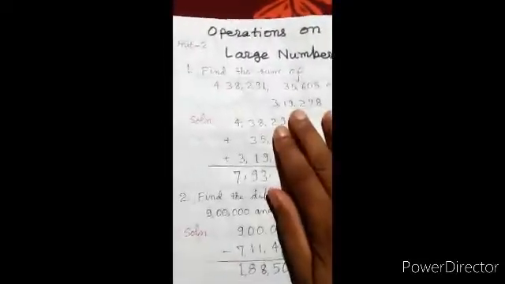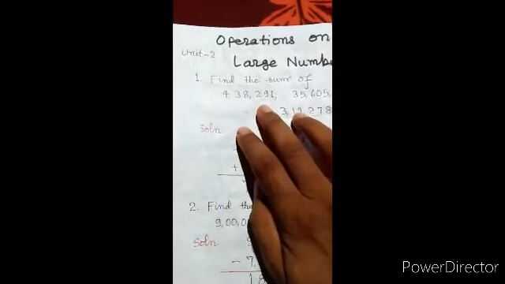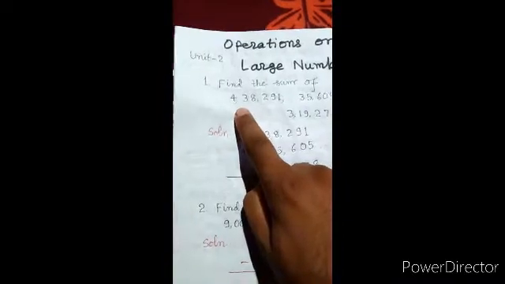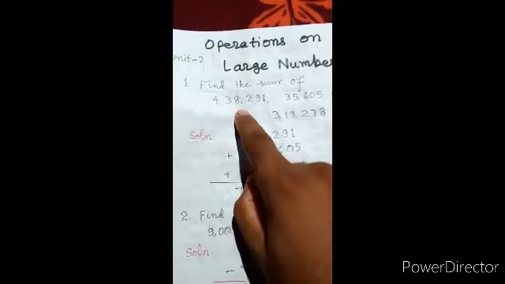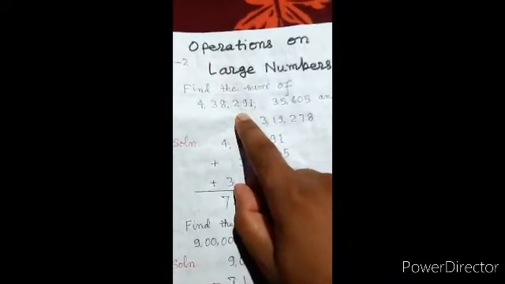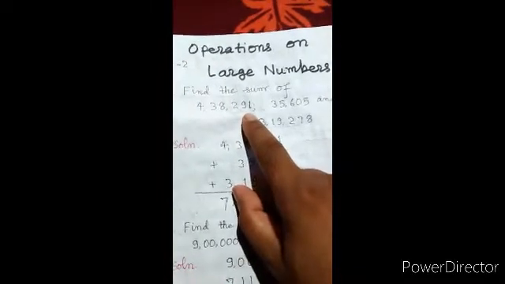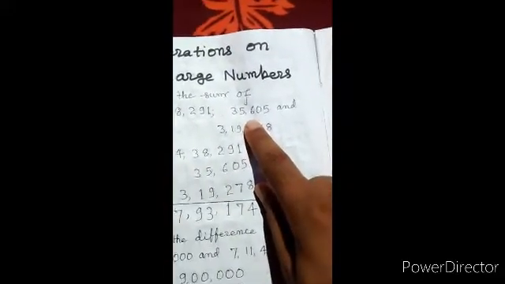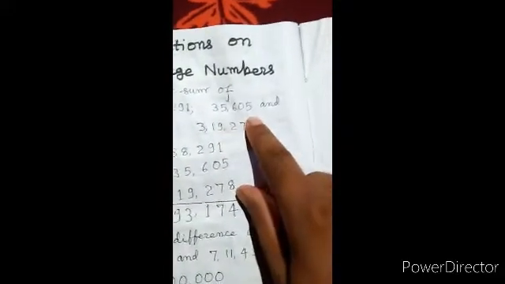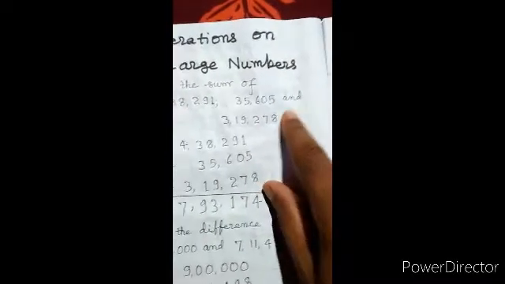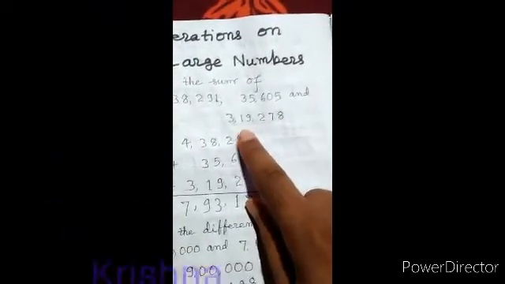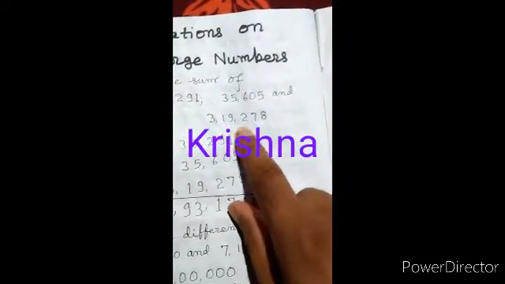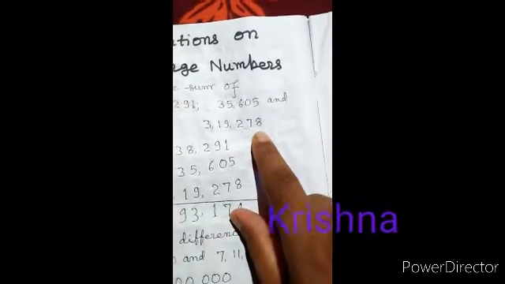See, this number will be read as 4,38,291. This is 35,605, and this one will be read as 3,19,278.